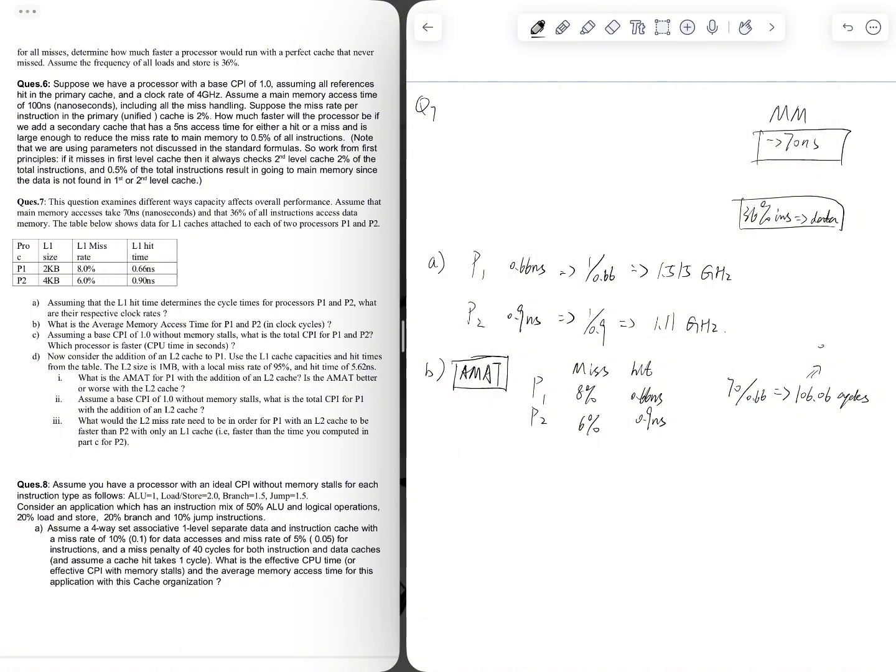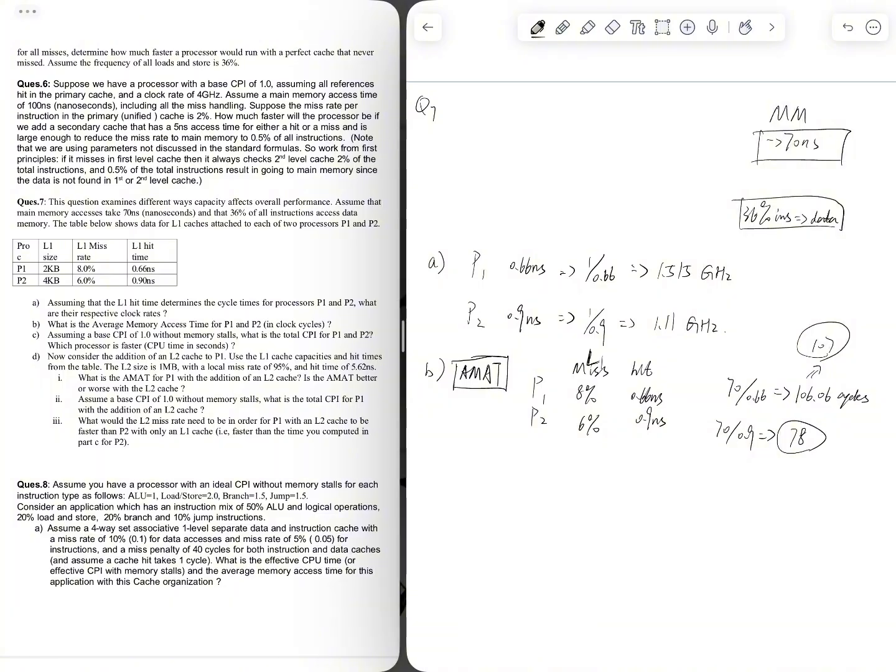So we should round it up to 107, right? And we do the same thing for processor 2. It will give you 78, so just round it to 78. So we will use 107 and 78 as our miss penalty for the L1.